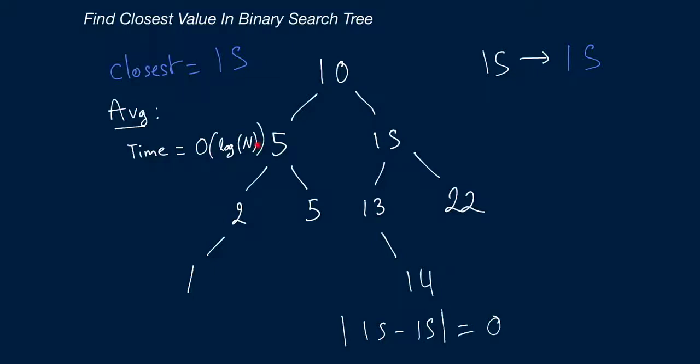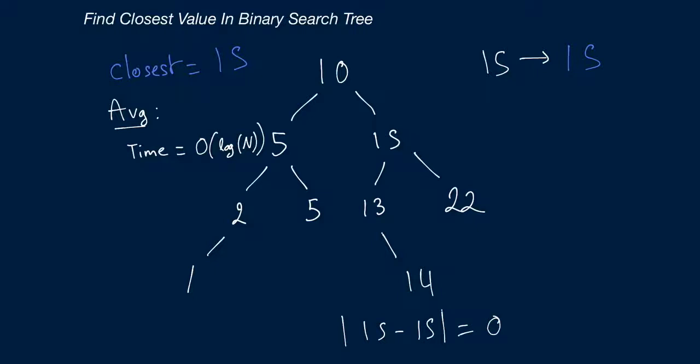The reason it's O of log of n is the same reason that most methods on a BST are O of log of n, insertion, removal, searching, because we're eliminating, again, on average, half the tree every time that we explore a node. And so that gives us a time complexity of O of log of n.